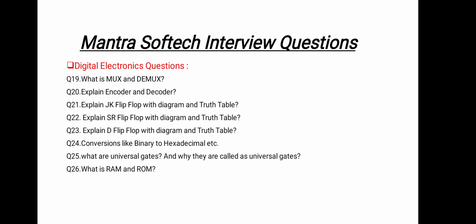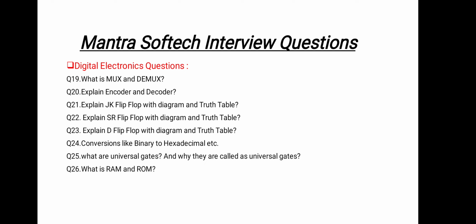Then they asked about the JK flip flop, told me to draw the diagram and explain its truth table, like how the memory works for 00 in the SR flip flop, and similarly for the JK flip flop. Then they also gave some conversions, like binary to hexadecimal, hexadecimal to binary, octal to binary, and this kind of normal conversion.